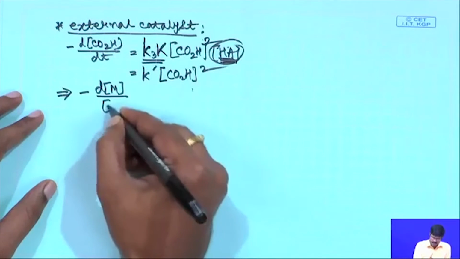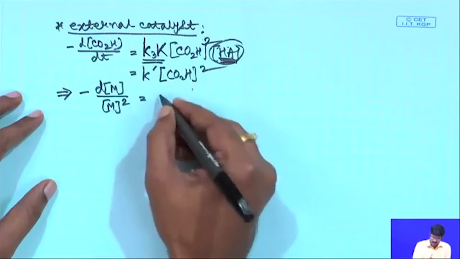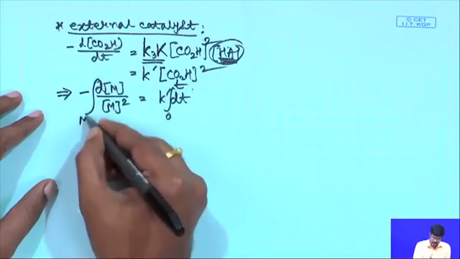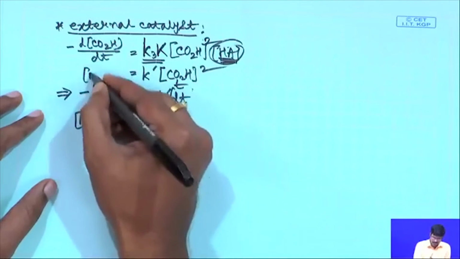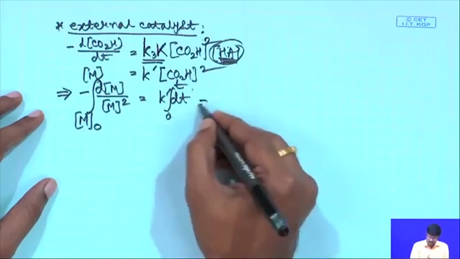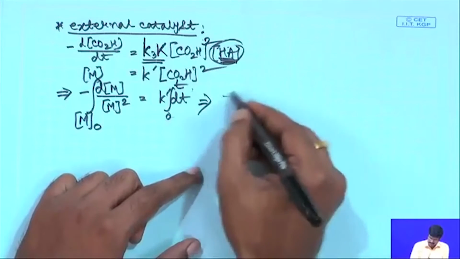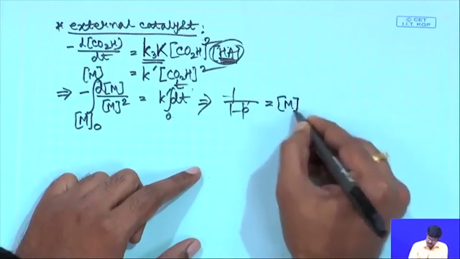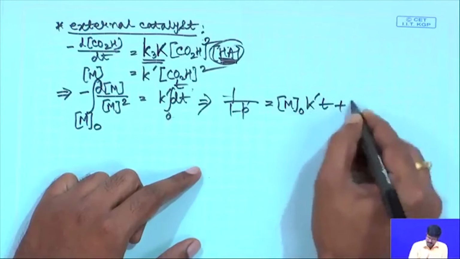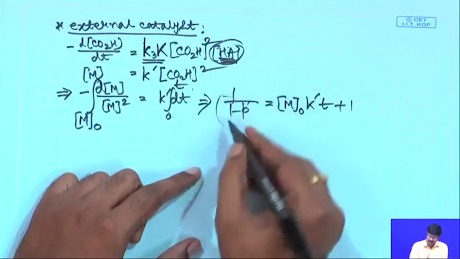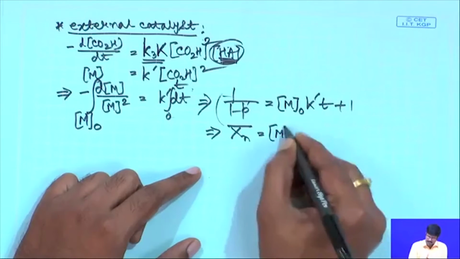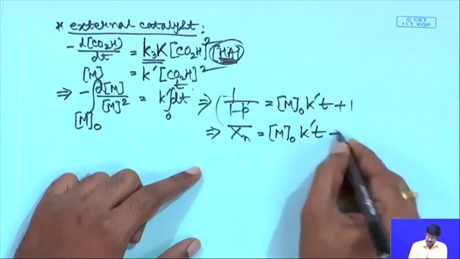So minus dm/m squared equals k prime dt, integral 0 to t, integral m0 to m. If you do the calculation, you will get 1 divided by 1 minus p equals m0 k prime t plus 1. This 1 divided by 1 minus p from Carothers equation is Xn bar, that is, Xn bar equals m0 k prime t plus 1.